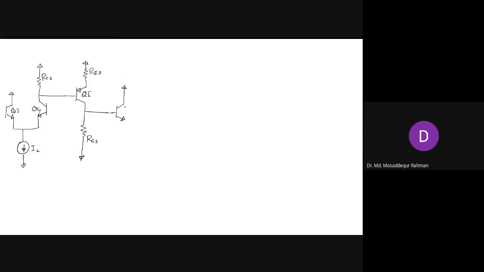So that is our Q6. So that is our I3. And we connect the load here, RL. So that is our plus VCC, also plus VCC, and that is our 15.